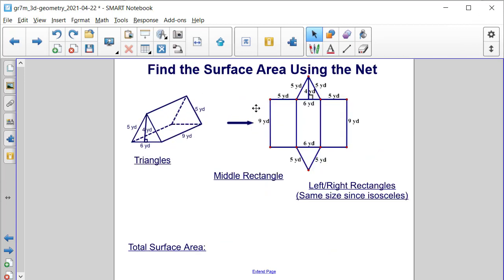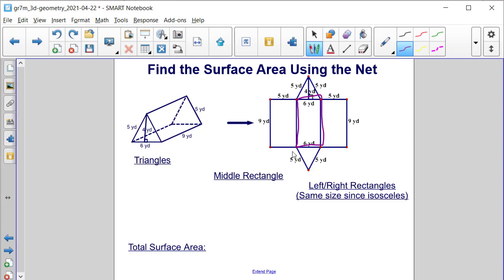You can also calculate the surface area of this triangular prism using the net. So here's the original diagram, and if we were to unfold it and bring the 2 rectangular sides down and the triangles down front and back, it would look exactly like this. So it clearly shows how we have the bottom or middle rectangle that has dimensions of 6 yards by 9 yards.